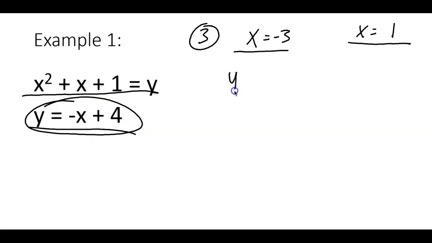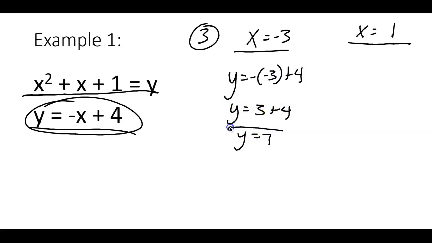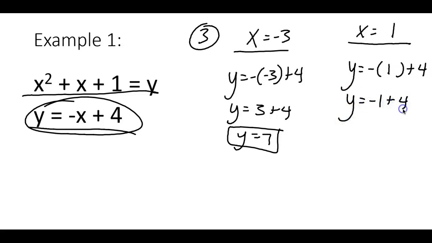So we have y equals -x plus 4. We have double negatives here, so that's a positive. And then we have 7. Same thing here with this guy. Plug in the 1. And I get 3.